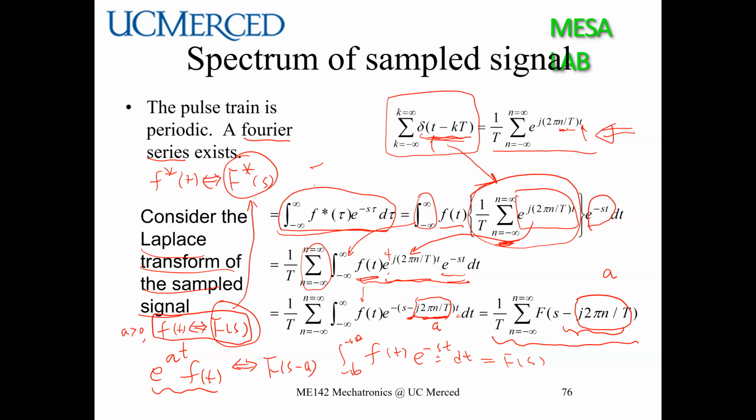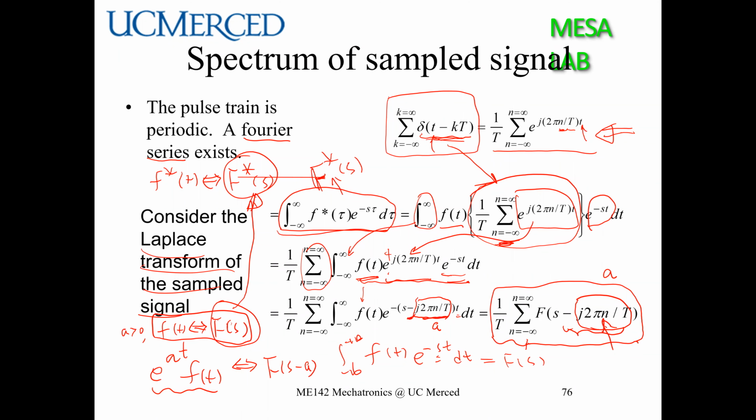So basically, this term is F star(s). How can we use the continuous time Laplace transformation capital F to represent this one? It is linked like this. It's not one term. It's infinitely many terms with the shift. And the n will change.